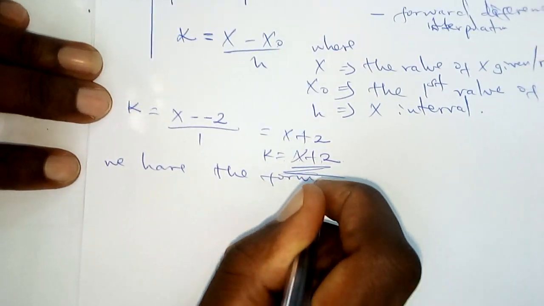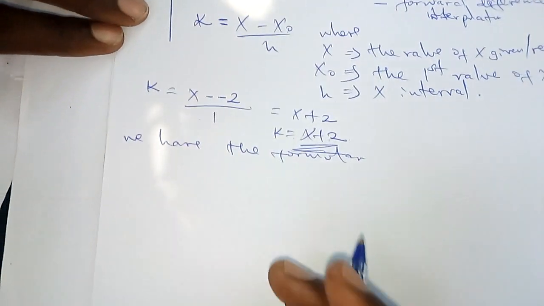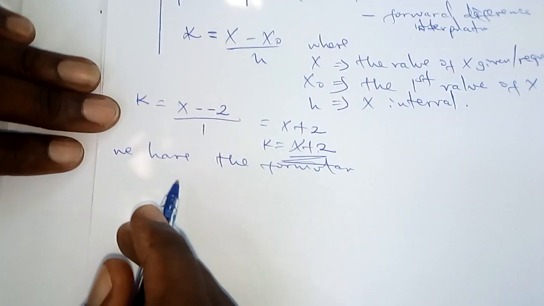Now we apply the formula for forward interpolation, that is Newton Gregory.